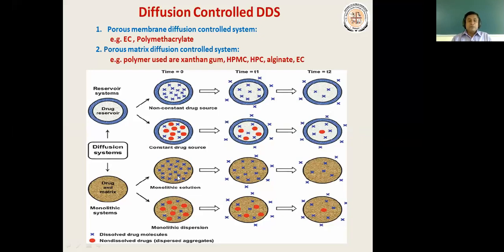So which are the examples of swellable type of polymers? These polymers are xanthan gum, HPMC, HPC, alginate, or ethyl cellulose. Ethyl cellulose is an insoluble type of polymer. So these polymers may sometimes be used to fabricate the drug delivery systems.